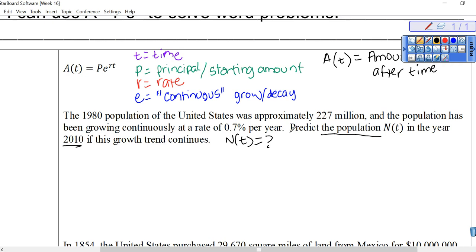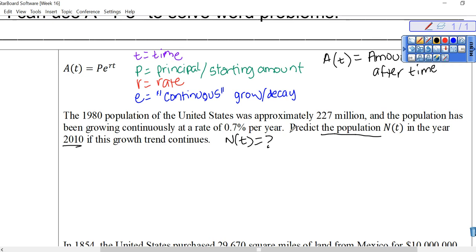So we're looking at a population. So let's think about whether or not we need to use our 227 million, our initial population, and if we want to leave it as 227, or if we want to write it out as 227 million.